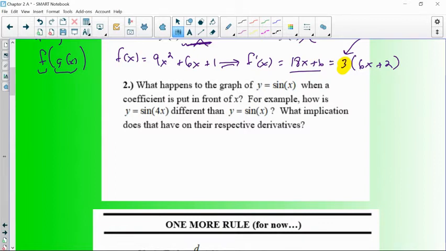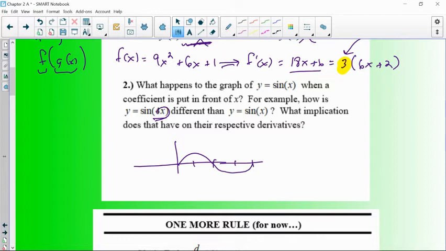What happens to the graph of sine of x when a coefficient is put in front of x? For example, sine of 4x. If this were sine of x, remember it's our very aesthetically pleasing graph from 0 to 2 pi. Sine of 4x means it's 4 times the frequency, or the wavelength is reduced by a factor of 4.